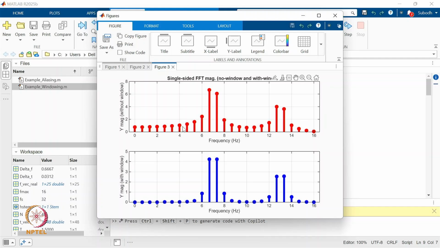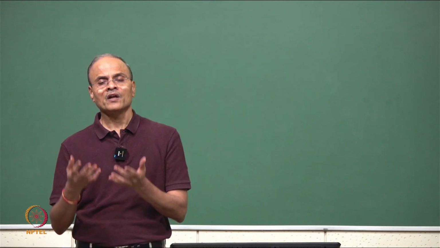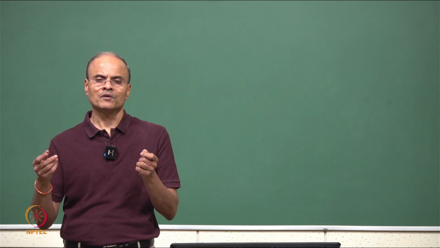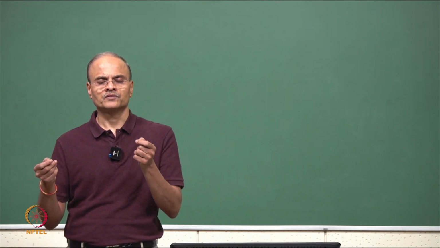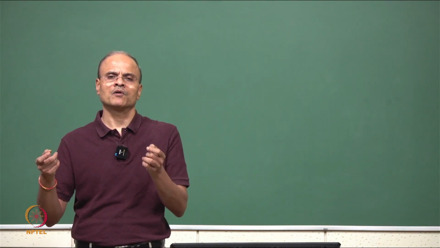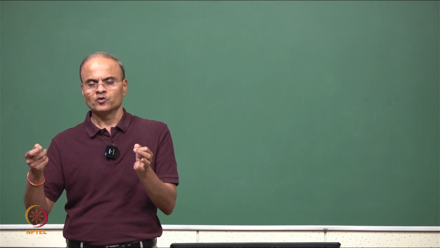However, you see several such red stems even at 0 hertz, 1 hertz, 2 hertz, everywhere. What are these components? They are not actually present in the signal. Essentially, they are the effect of truncation of the signal, because of the starting and stopping of the measurement process from 0 to 1.5 seconds.